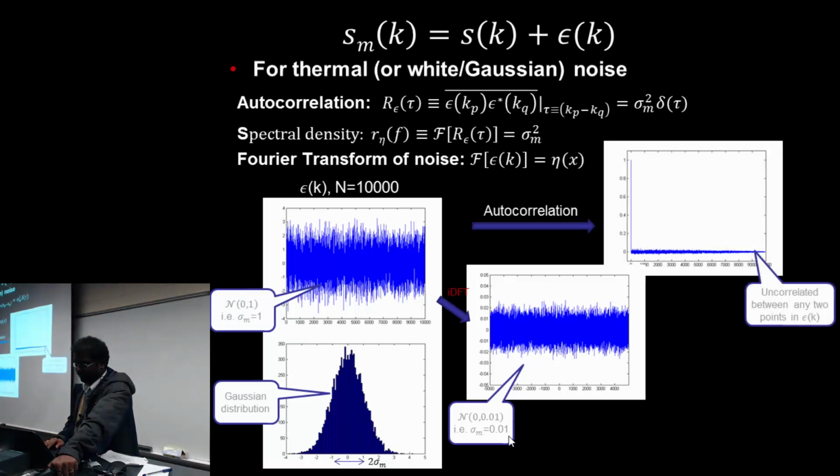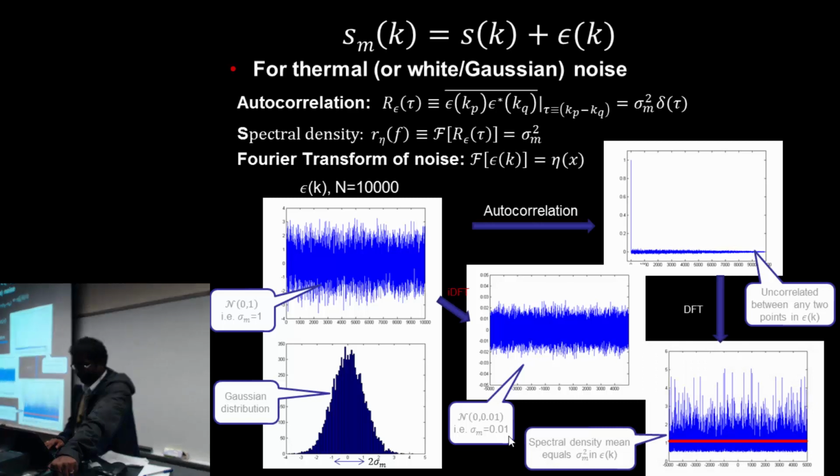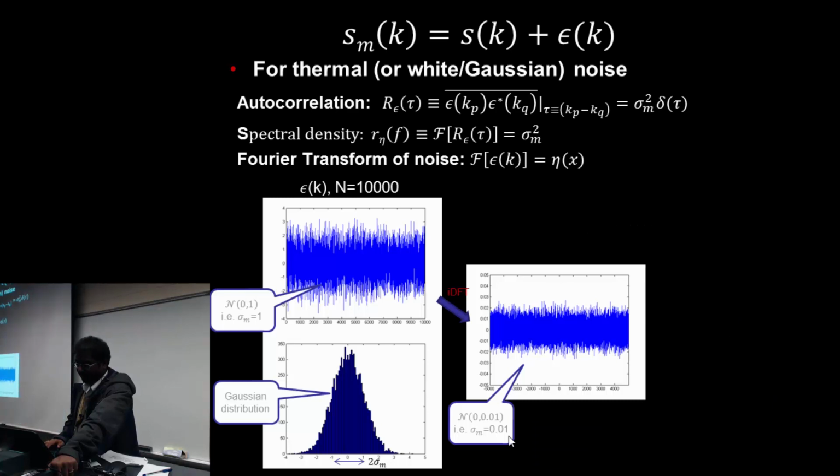If you take the autocorrelation function and then take the Fourier transformation of that, it gives you the power spectral density, which is constant for a white noise. So let's look at the math that's given here.